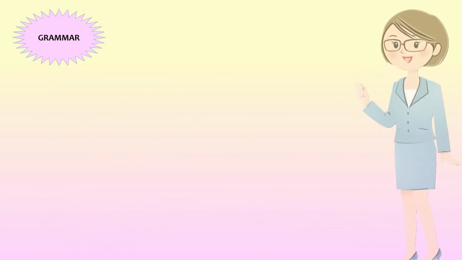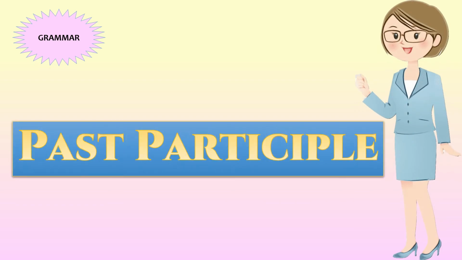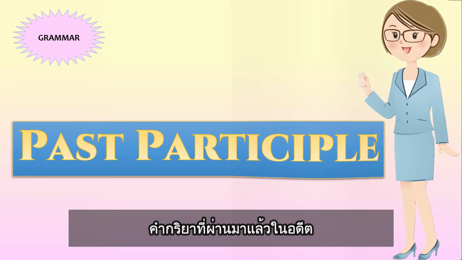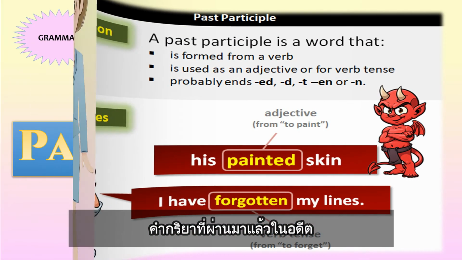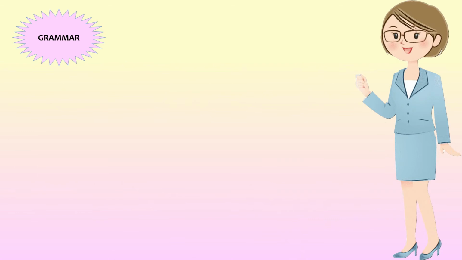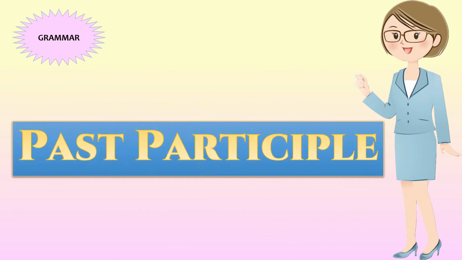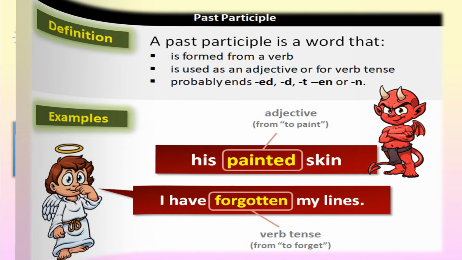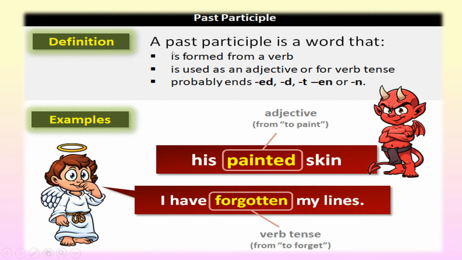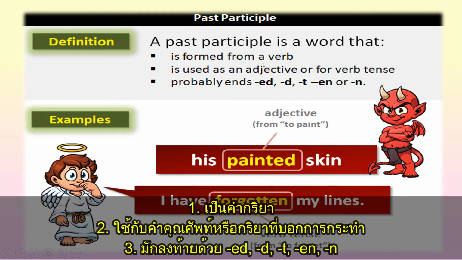Alright, so next, let's go to grammar. For our grammar, we will talk first about past participle. So what is past participle? A past participle is a word that is formed from a verb and is used as an adjective or a verb tense.